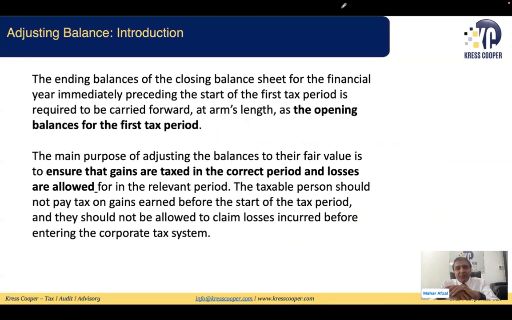Basically, the main purpose of adjusting the balance is to make sure that gains are taxed in the respective tax period and losses are allowed for the respective period. It means previous period gain should not be taxed in the first tax period, and pre-tax losses should not be allowed after the introduction of the corporate tax. So this was the core objective of introducing the transitional provisions.